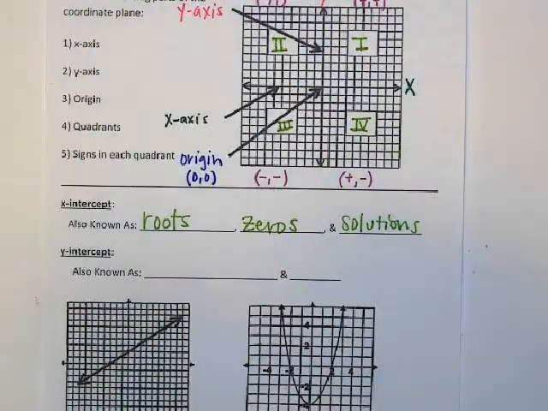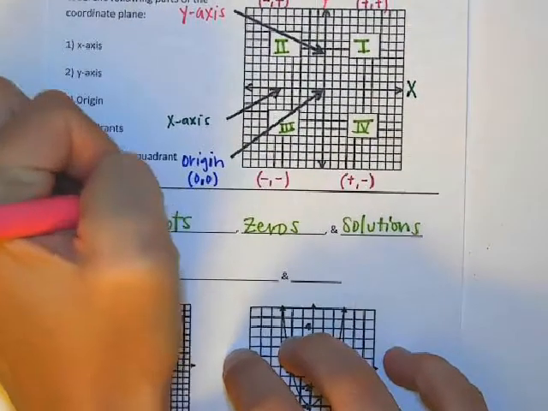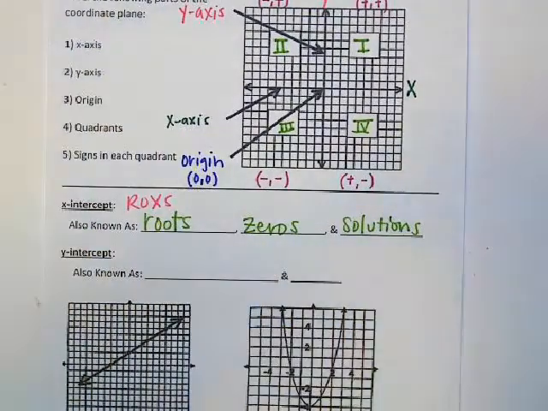We're going to write it. R-O-X-S, ROXS. All of these words, roots, zeros, solutions, they all mean x-intercept.